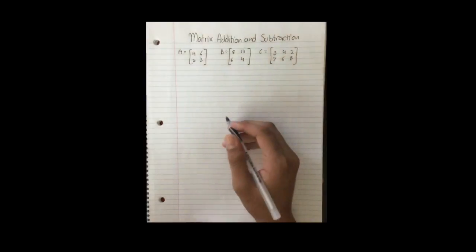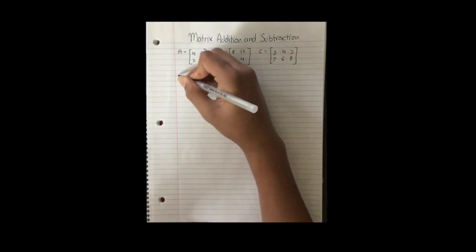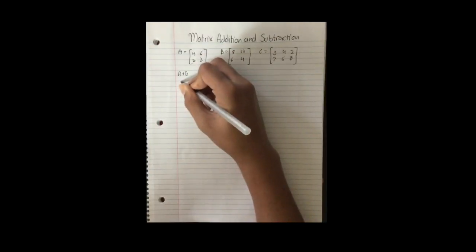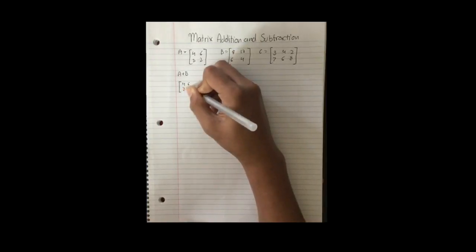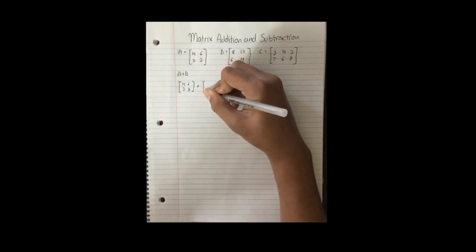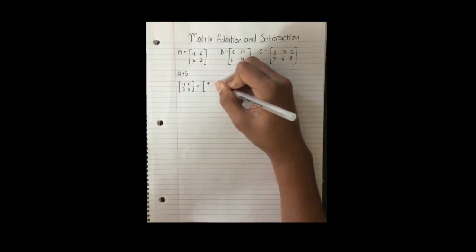So let's start off by adding matrix A and B. So matrix A plus matrix B. First I'm going to write matrix A, which is 4, 6, 3, 2, plus matrix B, which is 8, 12, 6, and 4.